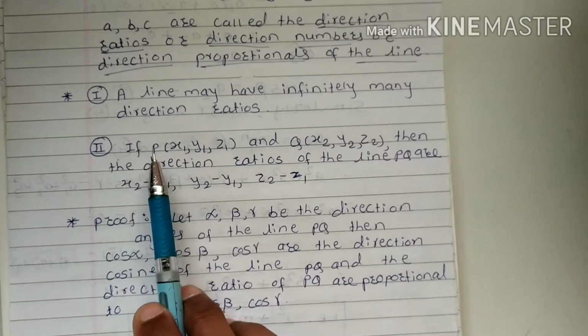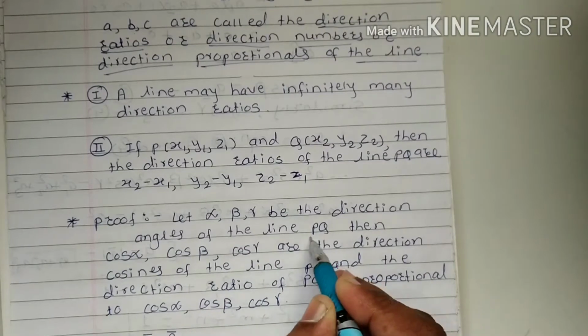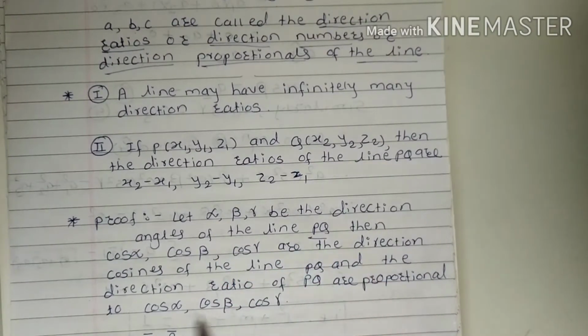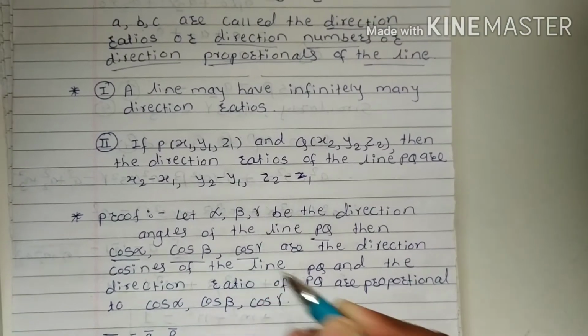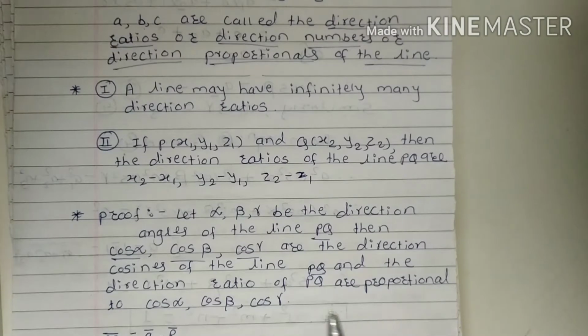Then cos alpha, cos beta and cos gamma are the direction cosines of the line PQ, and the direction ratios of PQ are proportional to cos alpha, cos beta and cos gamma.